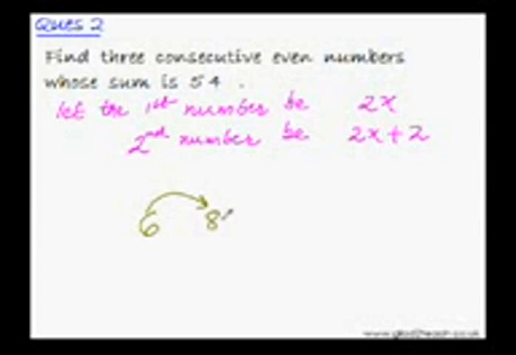Now, how do we get 8? By adding 2 to the first number. And using the same logic, can you tell me what the third number would be? 10. And how do we get 10? By adding 4 to the first number. So the third number will be 2x plus 4.